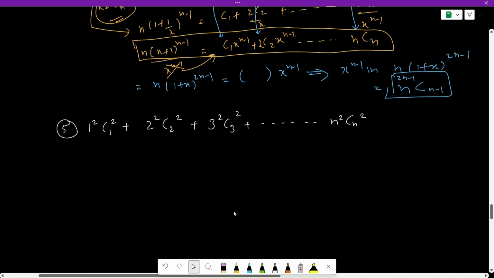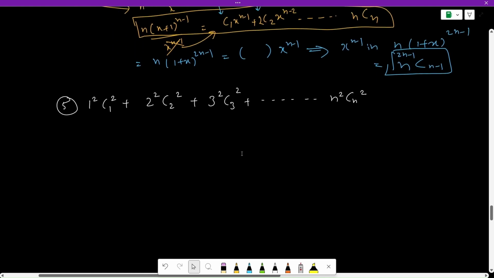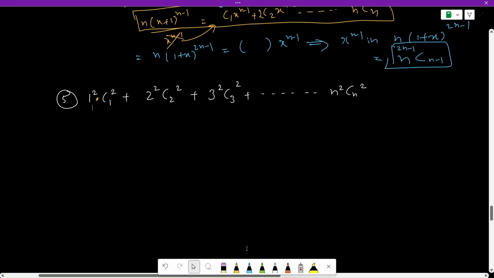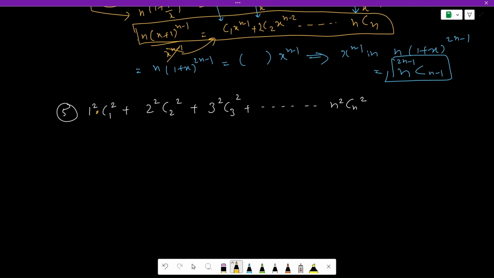Now this is the fifth question, and here you can see that there is a power on the coefficient also. So I hope you have already understood which series we will use. The one we have derived here, 2 times. So this will be n into (x plus 1) raised to the power n minus 1 equal to c1 x raised to the power n minus 1 plus 2c2 x raised to the power n minus 2 and so on and cn.